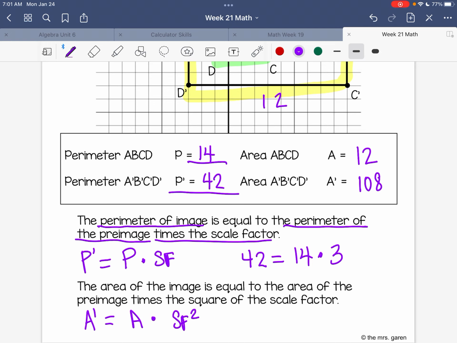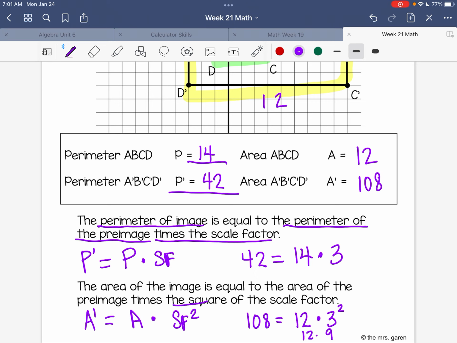So the area of the new figure is 108, which is equal to the area of the original figure, 12, times the scale factor, 3 squared, or 12 times 9. So the scale factor moves up by an exponential factor with area.